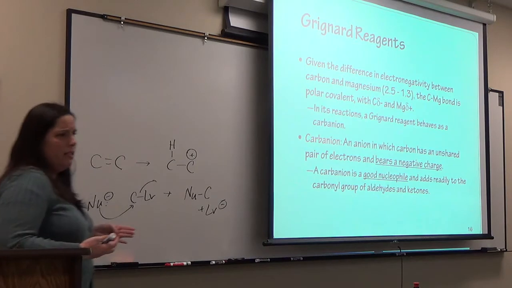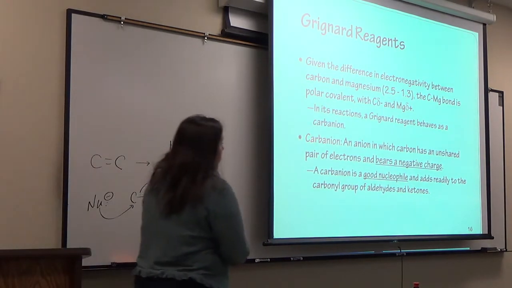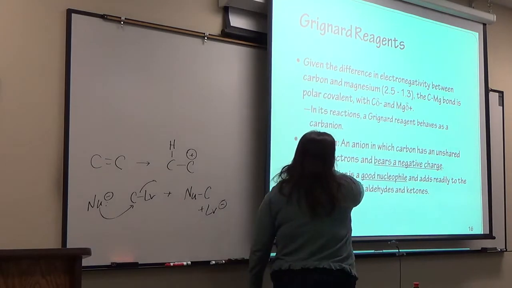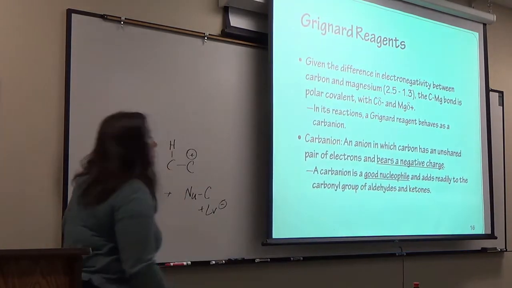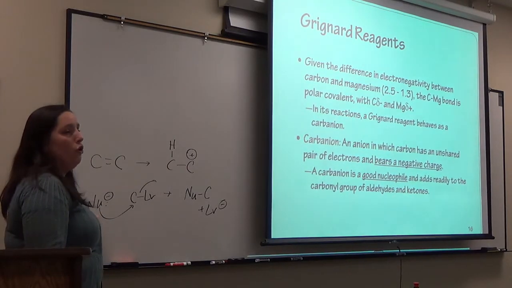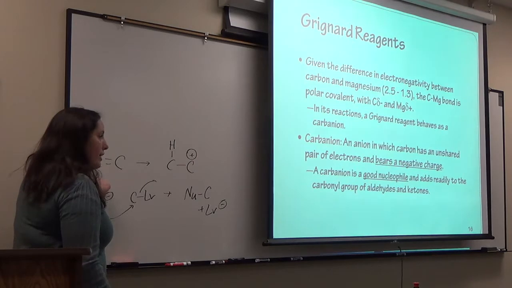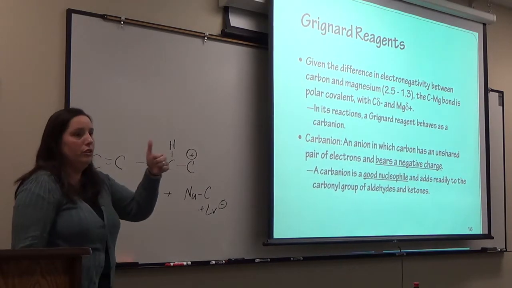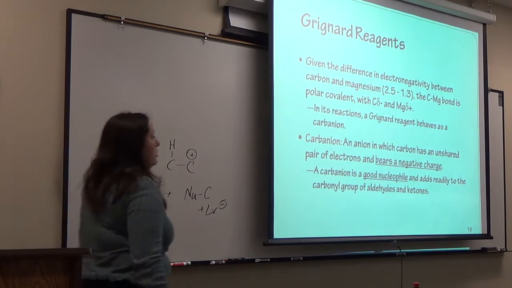Does that make sense? So the nucleophile is the carbanion. It's going to bear the negative charge, just like we would like to see. This is the ideal form of a nucleophile, with the electrons and a negative charge. That's a good nucleophile. We want a good nucleophile to do these reactions.